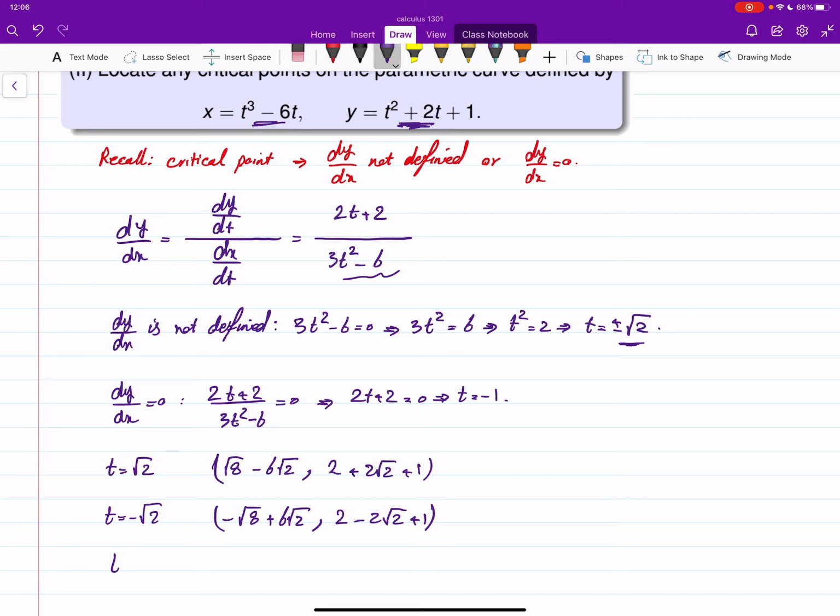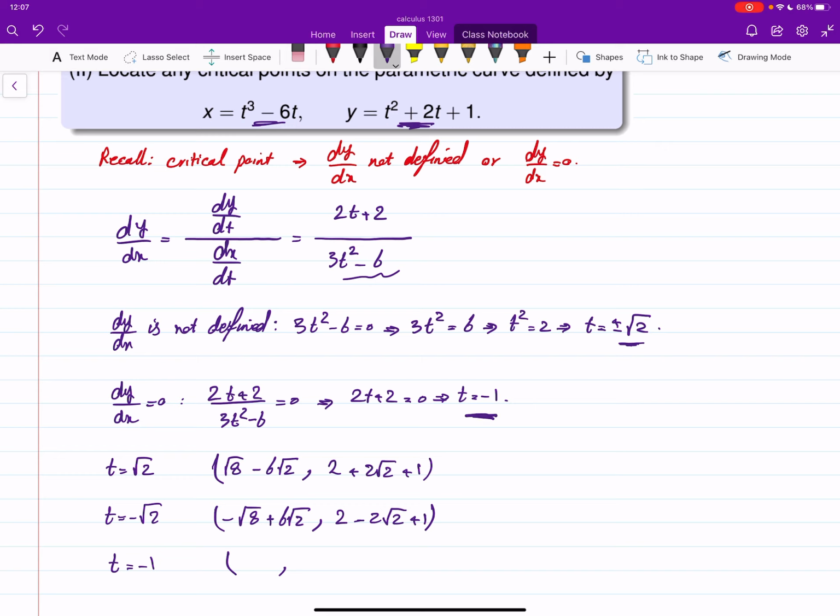How about t equal to negative 1? For t equal to negative 1, I have negative 1 cubed minus 6... oh, sorry guys, this should be t is negative 1 here.